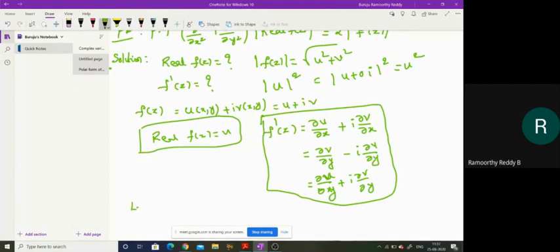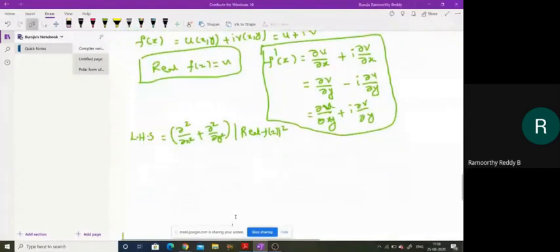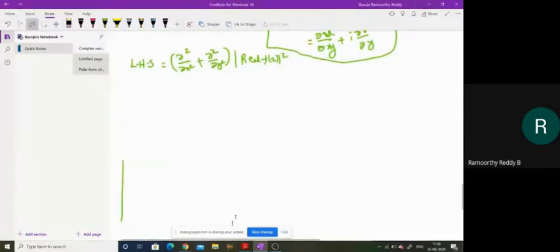Now what is LHS? Dou square by dou x square plus dou square by dou y square of modulus of real f of z whole square. This you need, right? So it is equal to dou square by dou x square plus dou square by dou y square of modulus of real f of z, which is u square.